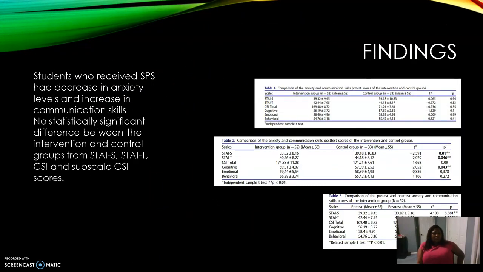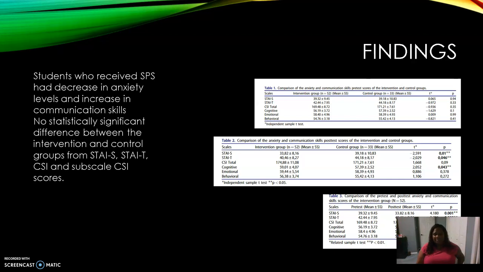Findings. Students who received the SPS, which was the simulation, had a decrease in anxiety levels and an increase in communication skills. There was no statistically significant difference between the intervention and control groups from the STAI, the STAIT, CSI, and subscale CSI scores.